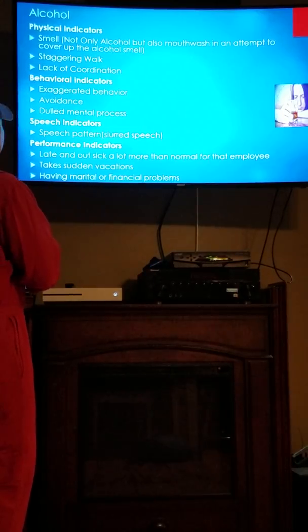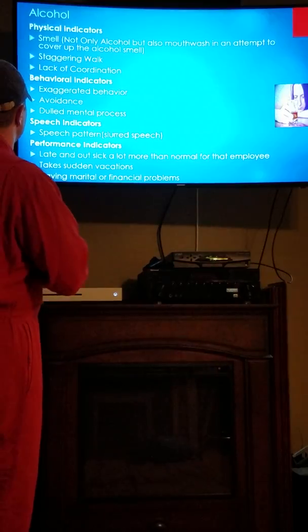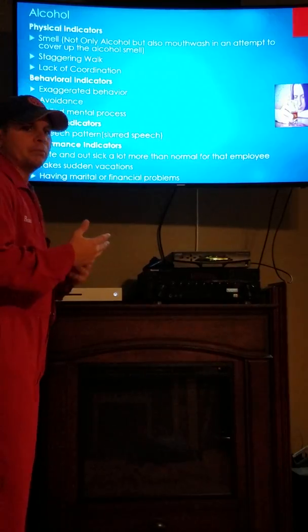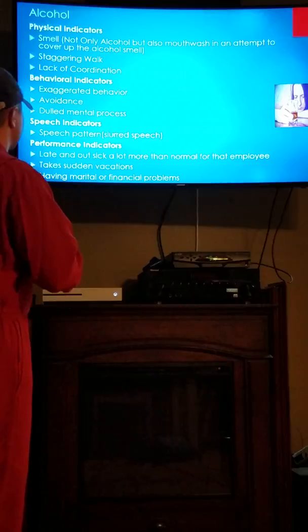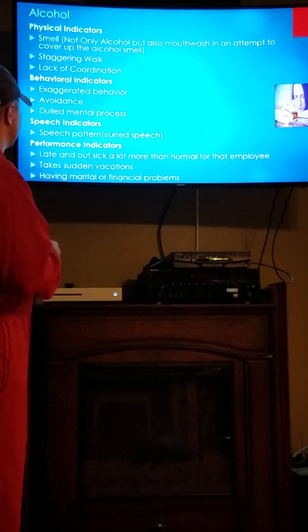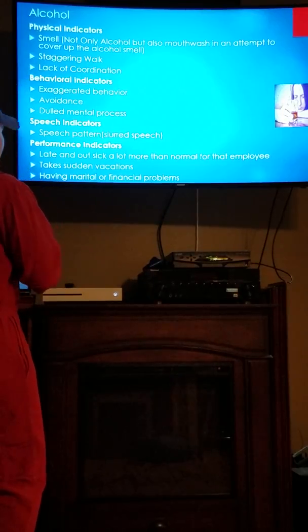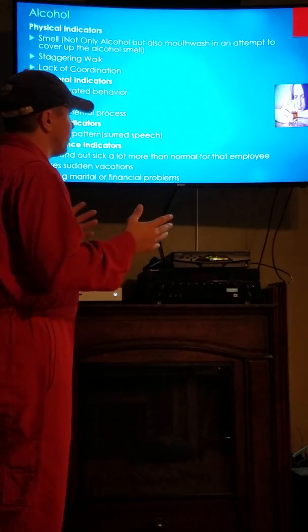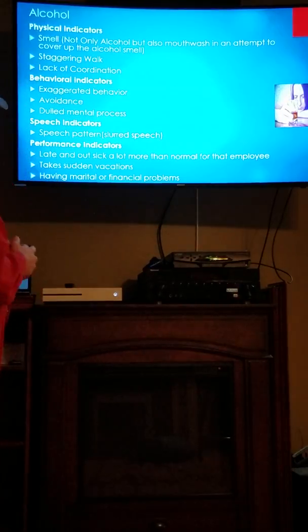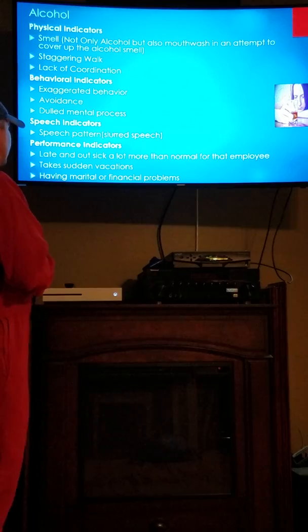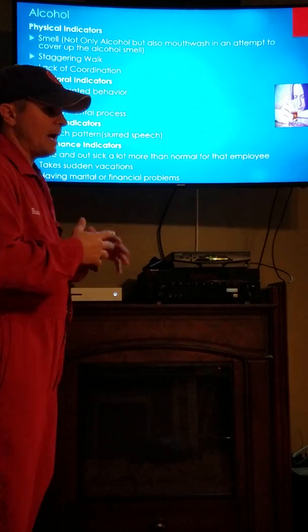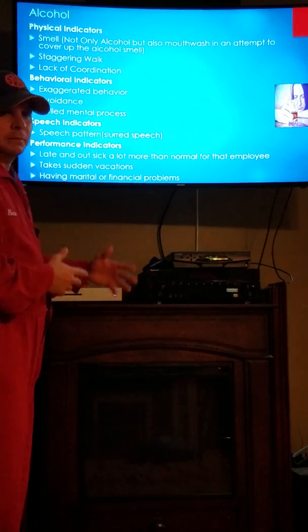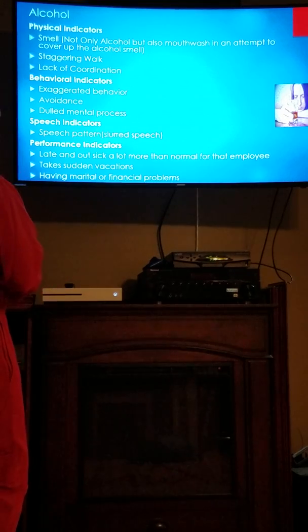Behavioral indicators are exaggerated behavior, avoidance, a dulled mental process. Speech patterns: slurred speech. Performance indicators: late, out sick a lot more than normal for that employee, take sudden vacations, or if you hear of them having marital or financial problems, things along those lines.